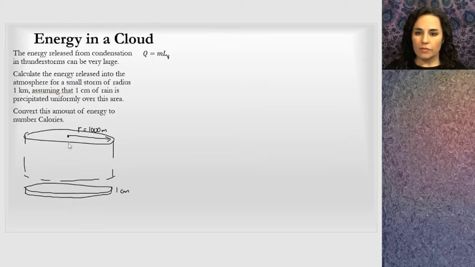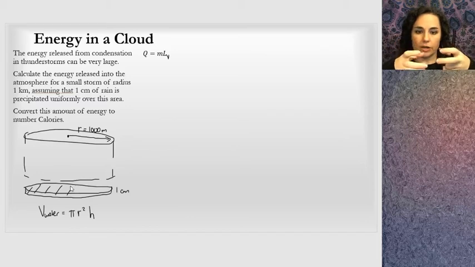Well, I have a volume of water, right? V water has to equal the volume of a cylinder, pi times r squared times h. I take the area of the base and then I multiply by the height. So I have pi r squared, and then the height is h.